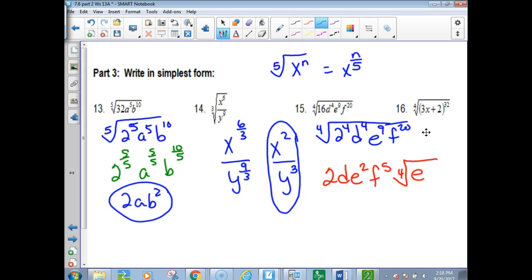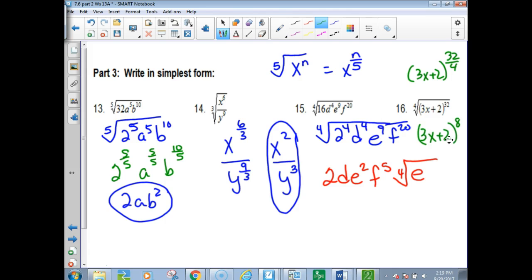Okay, this is like you have 3x plus 2 multiplied out 32 times. Holy cramoly. If we're going to take the 4th root of that, I'd rather do this: 3x plus 2 to the 32nd divided by 4. And that will be 3x plus 2, you've got to have the parentheses, to the 8th.